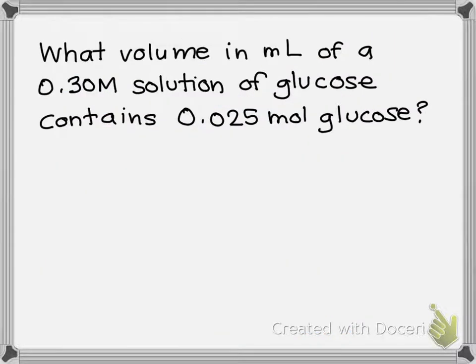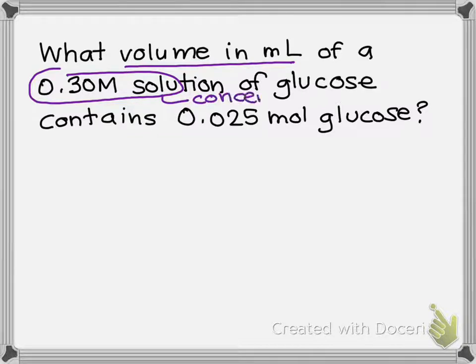Now sometimes the question does not ask us to calculate the concentration, rather it asks us to find a different part of the equation. So in this question, it says, what volume in milliliters of a 0.3 molar solution? So they've given me the concentration this time.